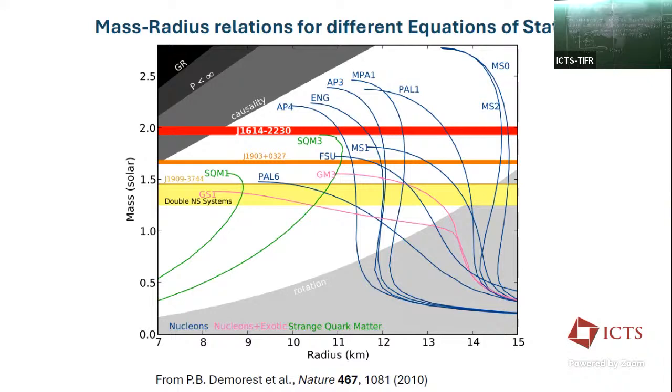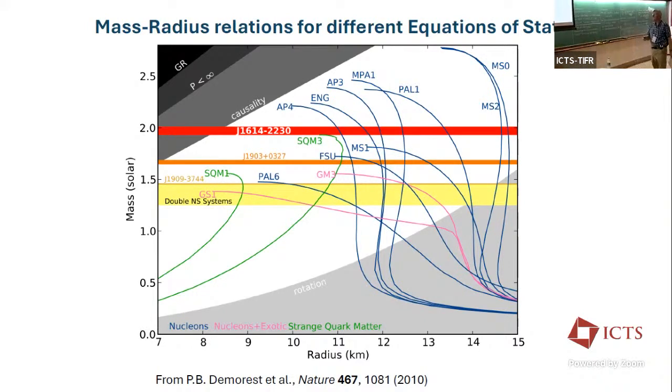You probably looked at something like this last week. I don't know if it was the same diagram, but it shows you a whole bunch of different possibilities. And this reinforces what I said earlier about how things are not well understood. Really means they're not well understood at all, because until recently, virtually all of these different curves were still in play. Now, some of them have been eliminated, as we'll discuss in a moment, but these various curves that go up high correspond to hard equations of state.